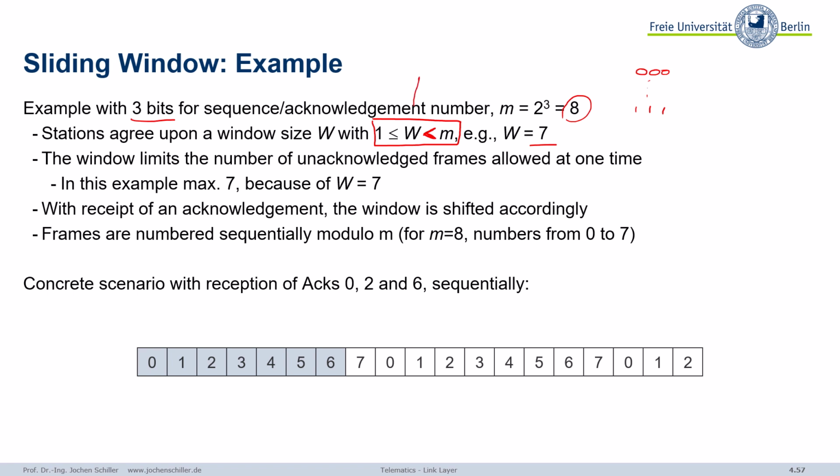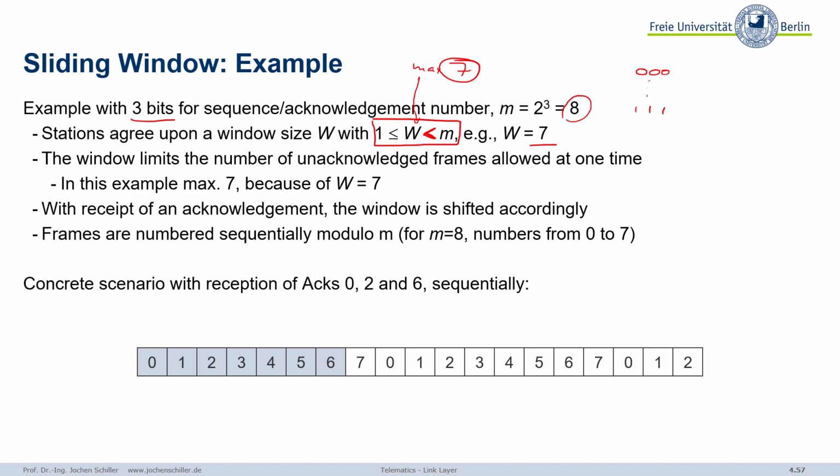So the maximum window size here is 7. We cannot have a window size of 8, 9, 10 or larger, because then we have the wraparound. 8 doesn't work. Think of why. We'll come back to this.